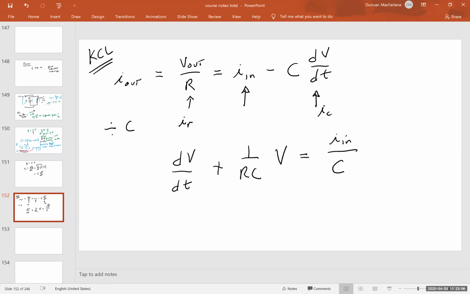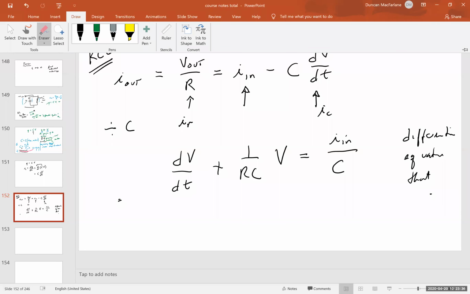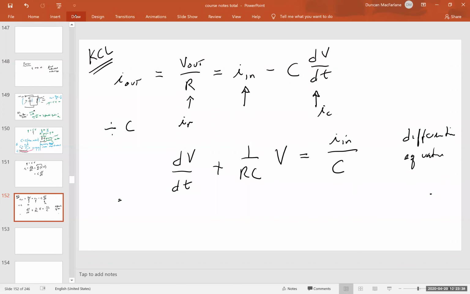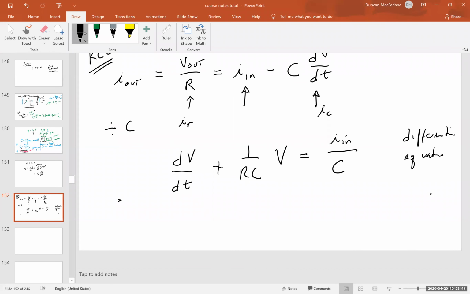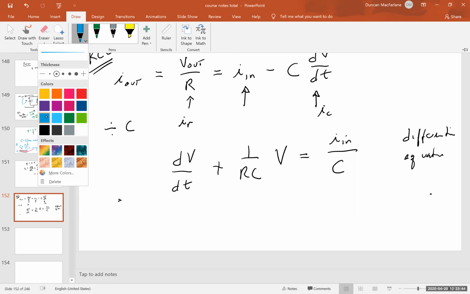And that's going to equal I in over C. And this is that much feared differential equation that I warned you about. Okay. Any questions or worries or comments so far?